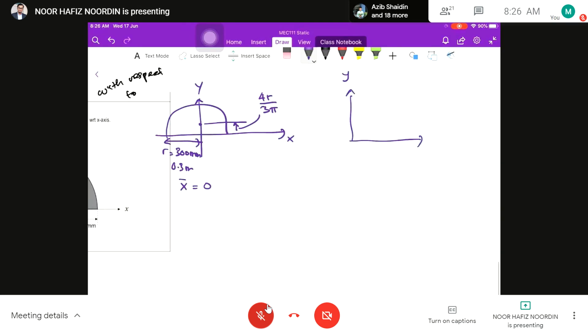Katakanlah Y, X dekat sini. Itu dah jadi lain. X bar dia tu dah jadi ini. X bar. So X bar is jarak sini ke sini ni berapa? Katalah sini X plus 4R divided by 3 pi. Itu dia punya titik tengah.